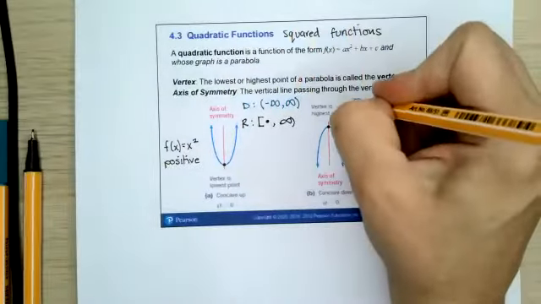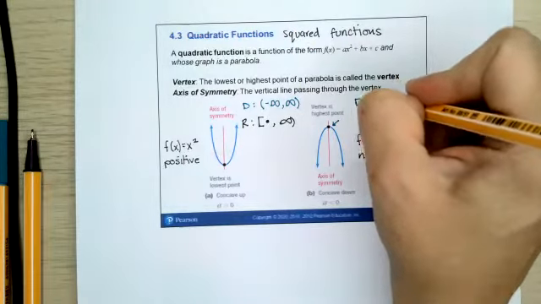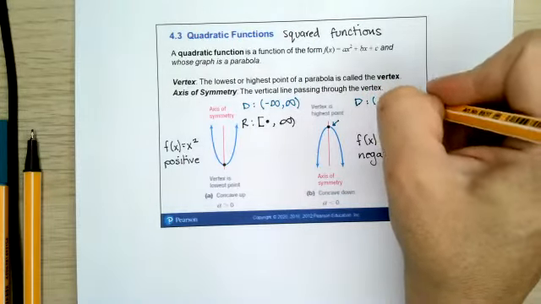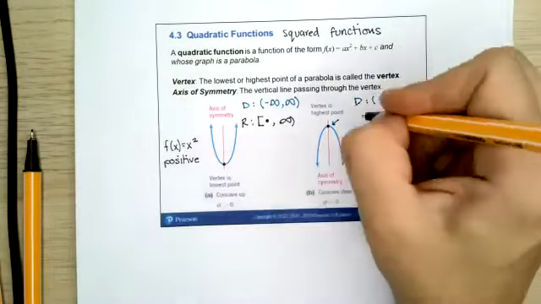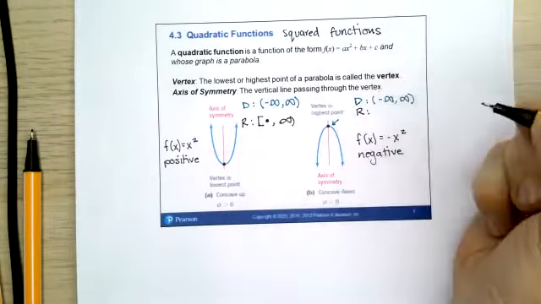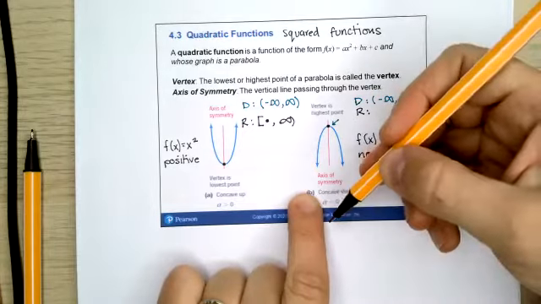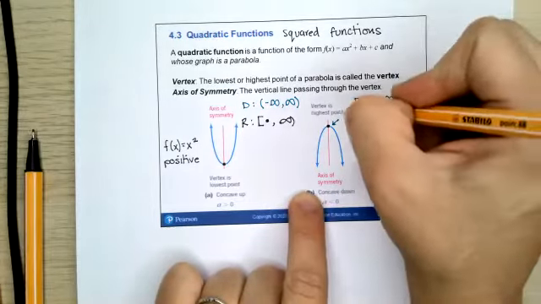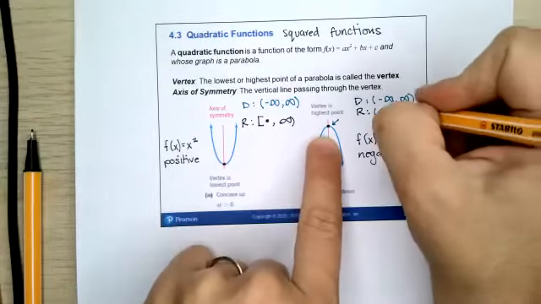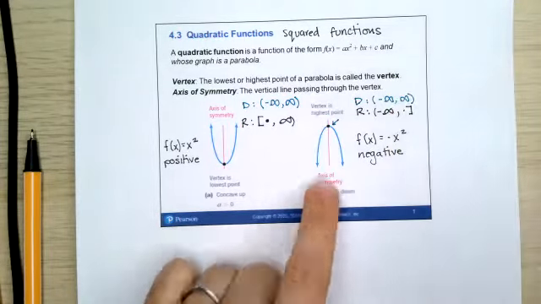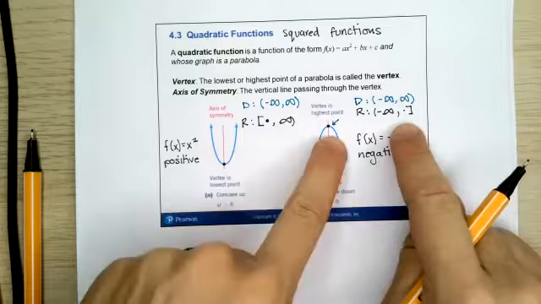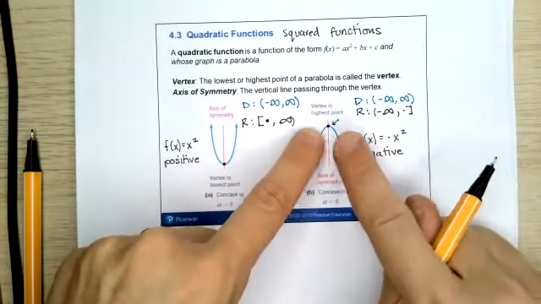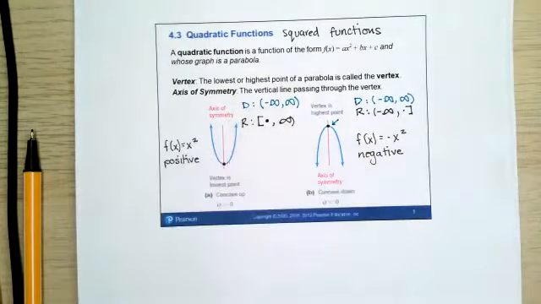So our domain is still all real numbers, and our range goes from negative infinity, but it stops at and includes the vertex. So when you're finding the range of a quadratic function, you're going to use the vertex. And then it's going to go on forever in the other direction.